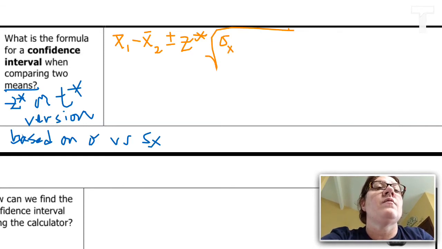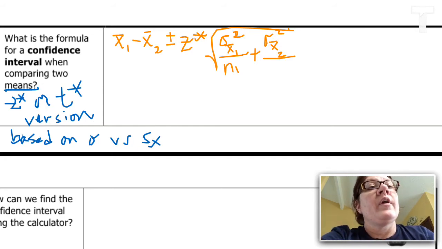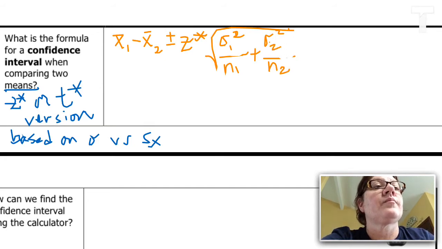So standard deviation for the sample, just kidding, this should not be from the sample. Okay.